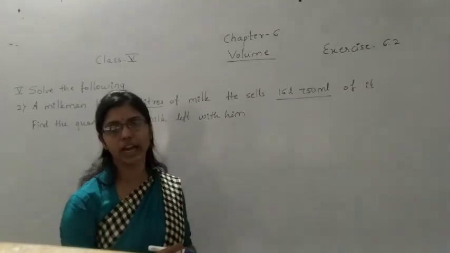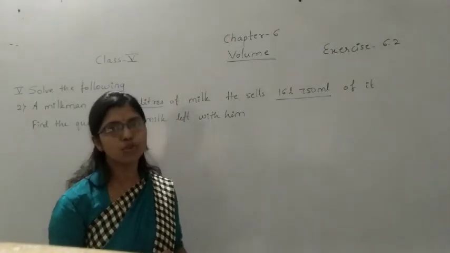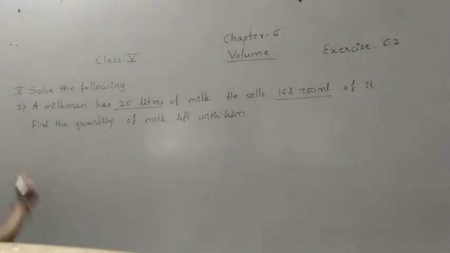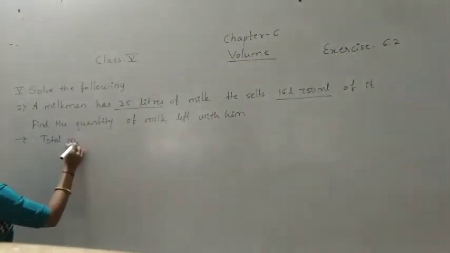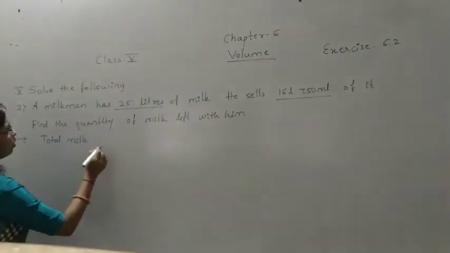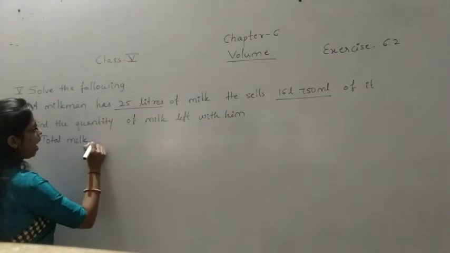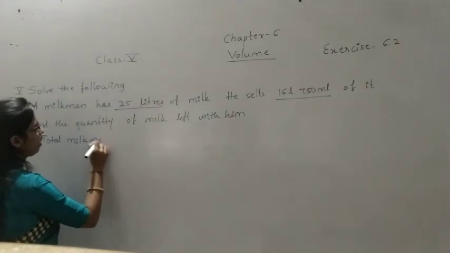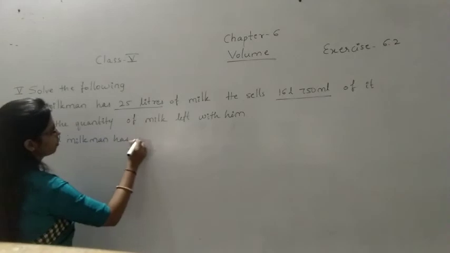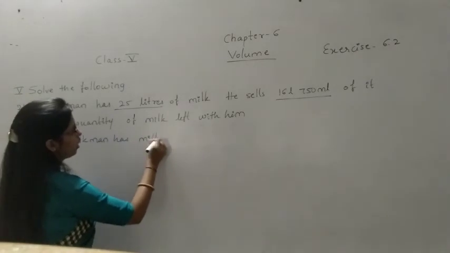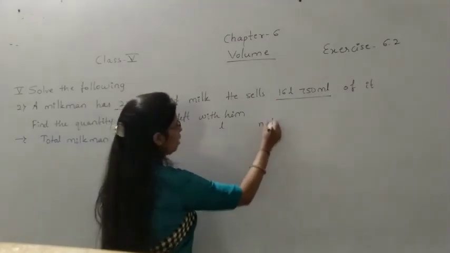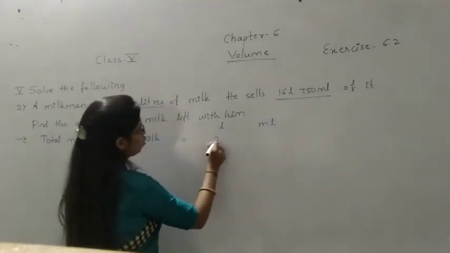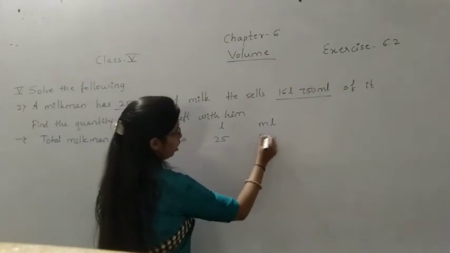Okay. Now the answer. The total milk the milkman has. Here we should write liter and also milliliter. That is 25 liter. There are no milliliters. That's why I wrote 00 here. Only 25 liters.